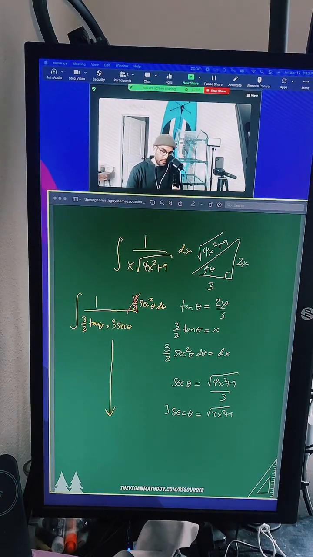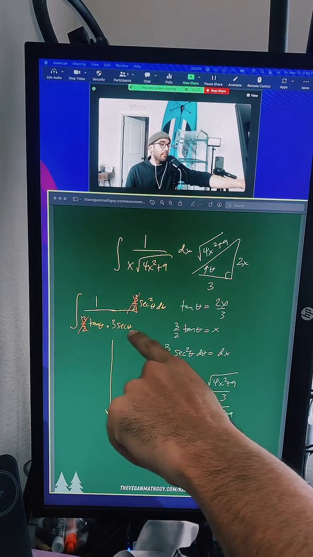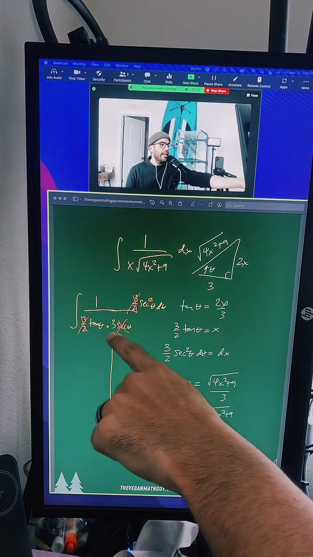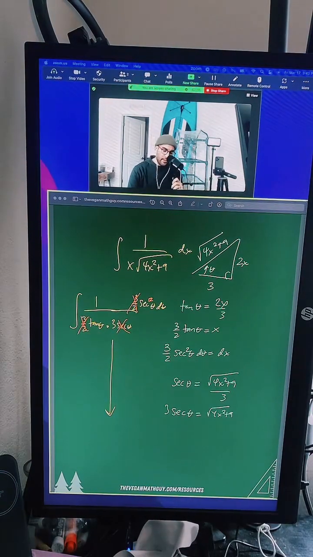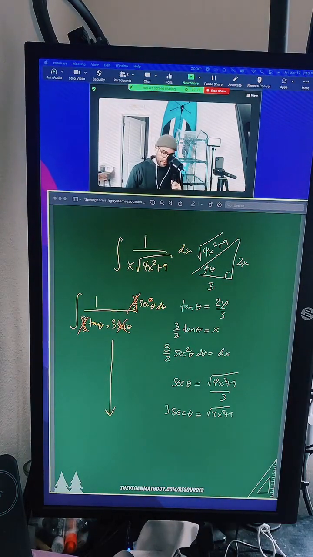There's a secant squared on top and a secant on the bottom, so that cancels down and we're left with only 1 secant. At the same time, I'm going to bring the 3 outside of the integral. It was on the denominator, so it becomes 1/3. So now we have 1/3 times the integral of secant theta over tan theta d theta.